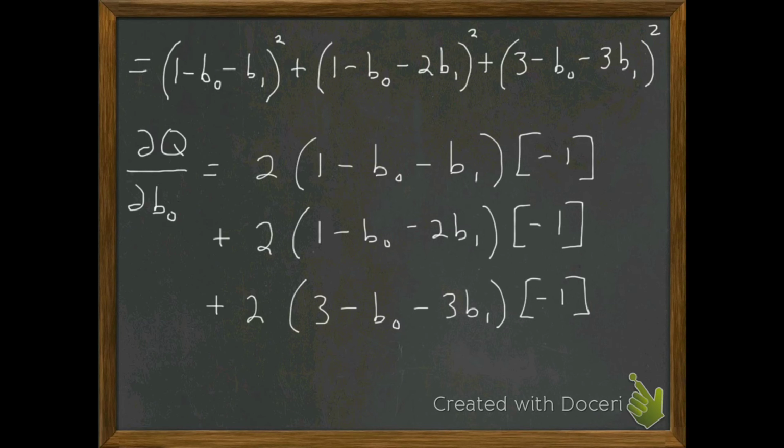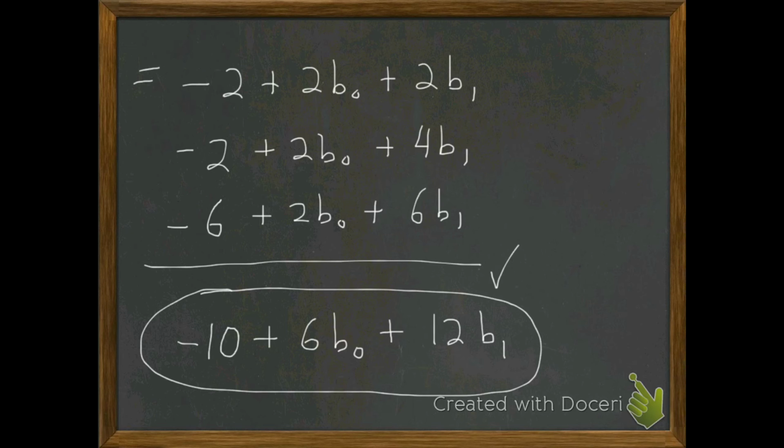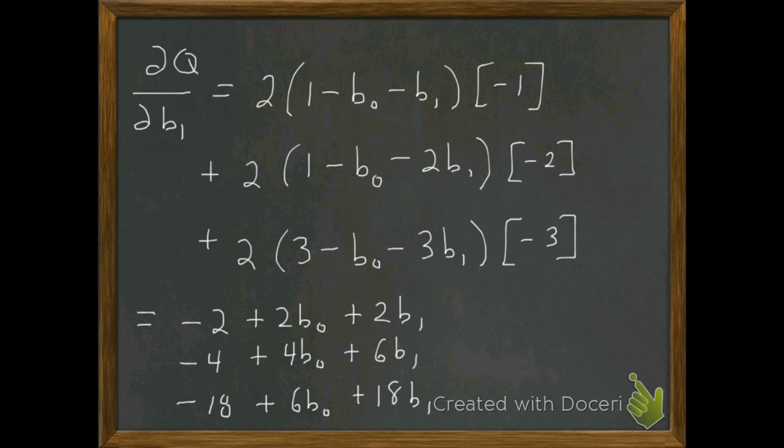Alright, so this looks good. So negative 6 plus 12, that one's solid. So now we go to B1. We got 2, so that's correct. And we got negative 2, so that's correct.